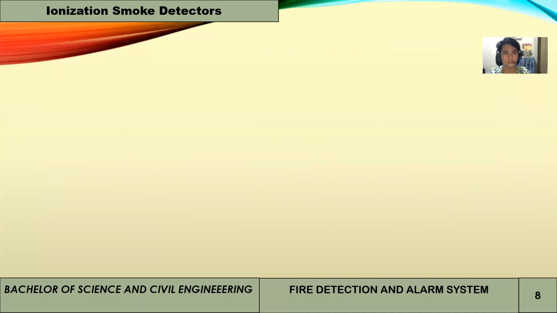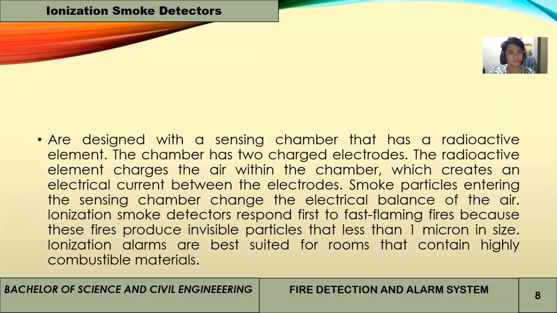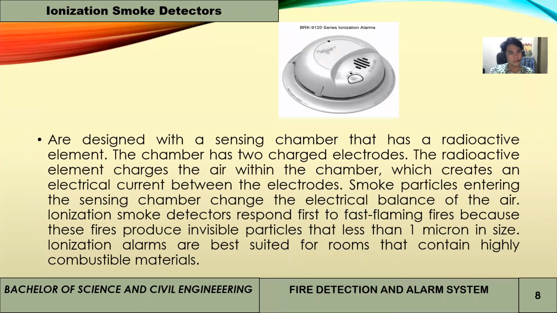Okay, next is ionization smoke detectors. It is a design with a sensing chamber that has a radioactive element. The chamber has two charged electrodes. The radioactive element charges the air within the chamber, which creates an electrical current between the electrodes.